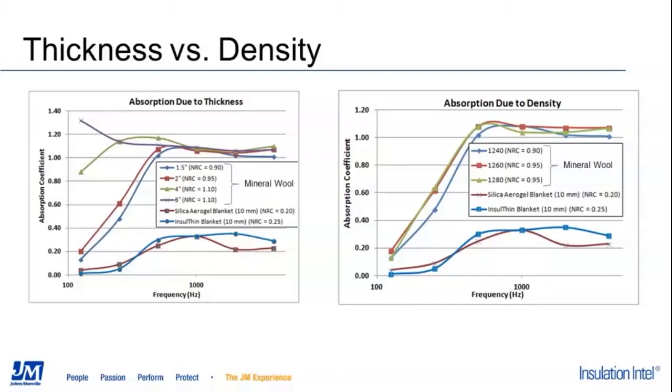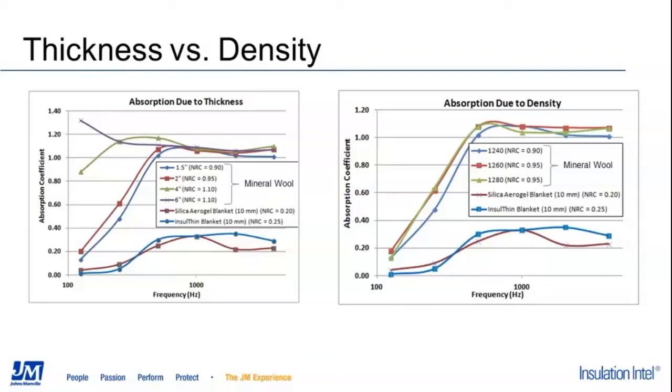So not a huge swing in the NRC value, but as you can see from the curves on the chart, quite significant differences in performance at individual frequency points. And then the two curves down at the bottom show you the difference between a very open cell material like mineral wool and two other materials that, while they're not classified as closed cell, don't provide the free air path or that porosity in the material for the noise to get dampened as it enters and passes through it.